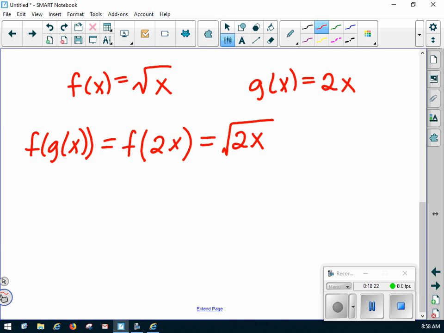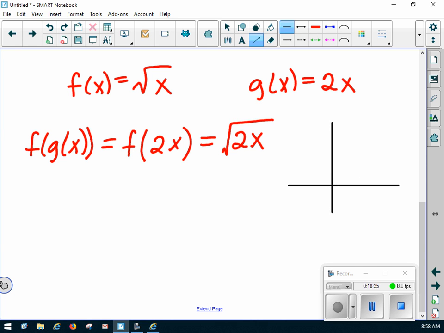Let's talk about the domain for just a minute. What does the square root look like? Do you remember? A square root looks like this. Now this has something done to it. Do you remember what that 2 does to it?